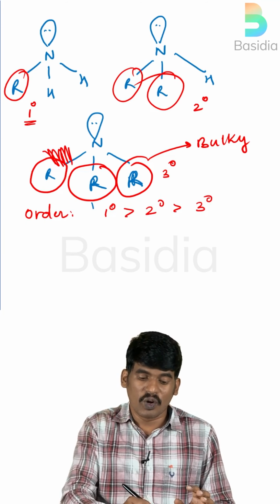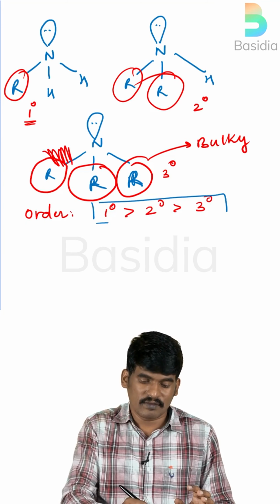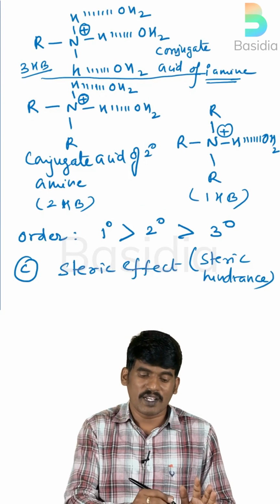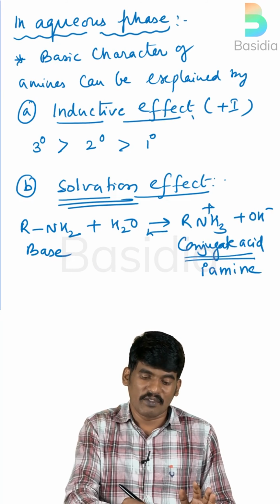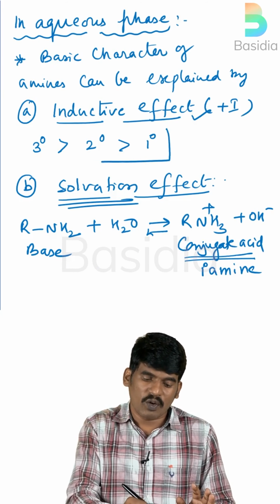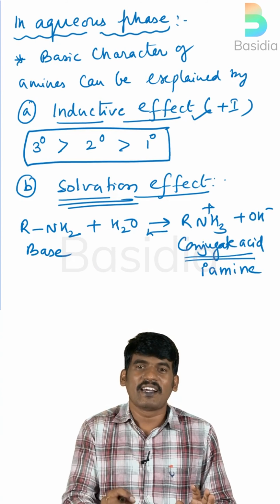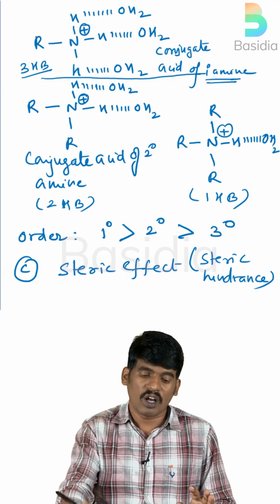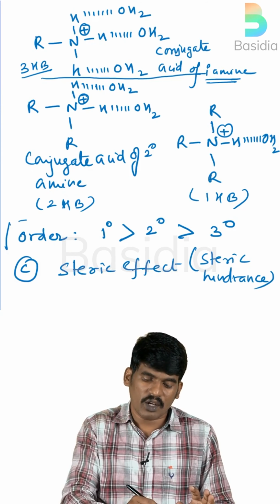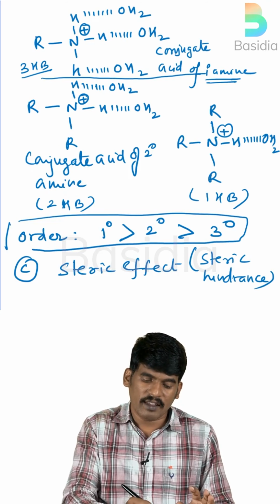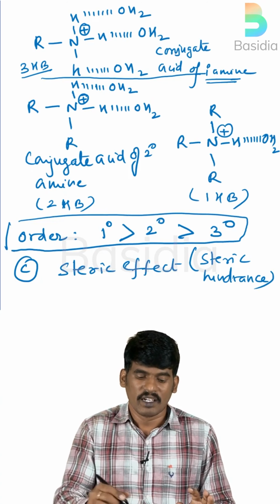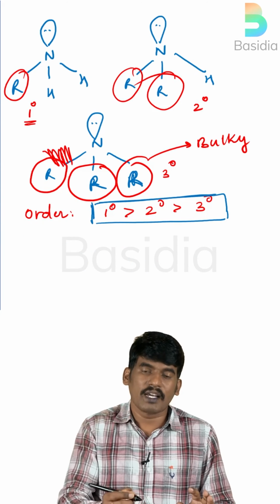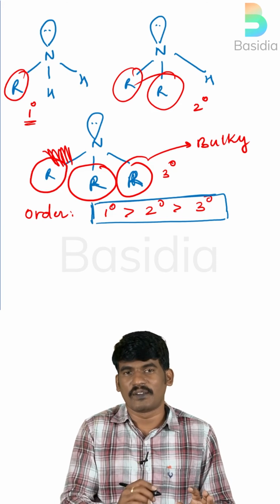Right? So we got 3 orders if you observe. One is based on which one? Inductive effect. Based on inductive effect, what is the order? 3 degree greater than 2 degree greater than primary. Second effect, solvation effect. Based on solvation effect, what is the order? 1 degree greater than 2 degree greater than 3 degree. A third one, what do we have? Steric effect. Based on steric effect, what do we have? 1 degree greater than 2 degree greater than 3 degree.